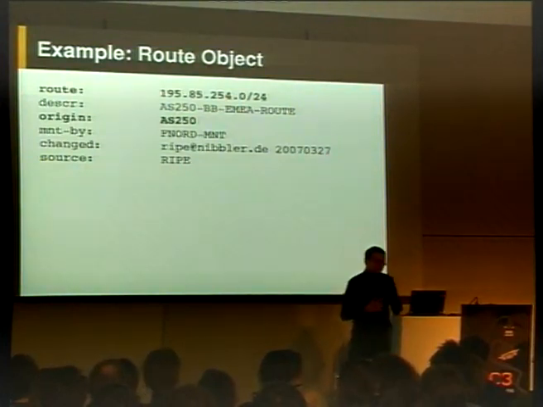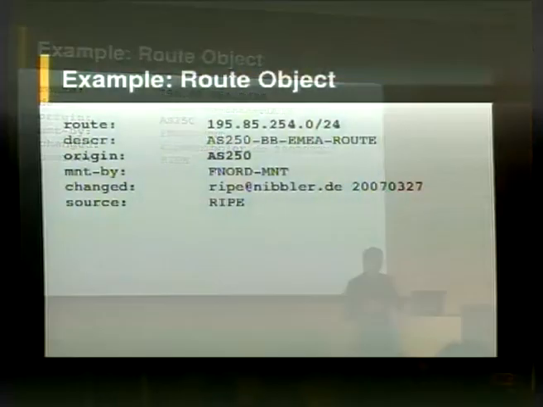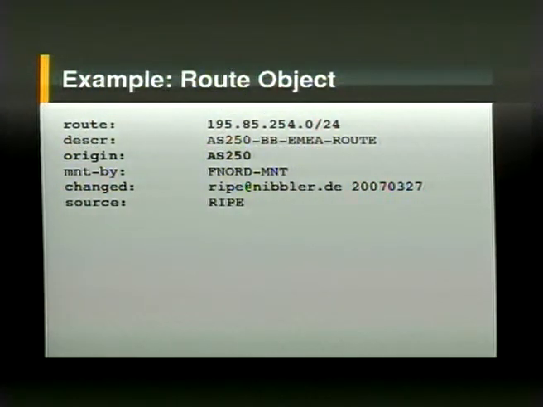Are these prefixes coherent? And through these route objects, this correlation is mapped. So if you receive routes over a peering that do not have the corresponding route objects, there may be something fishy going on.